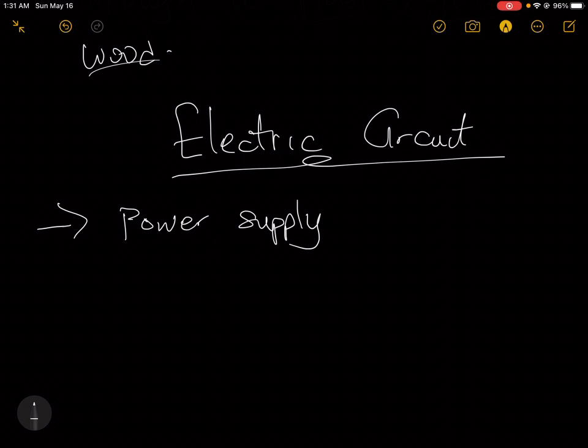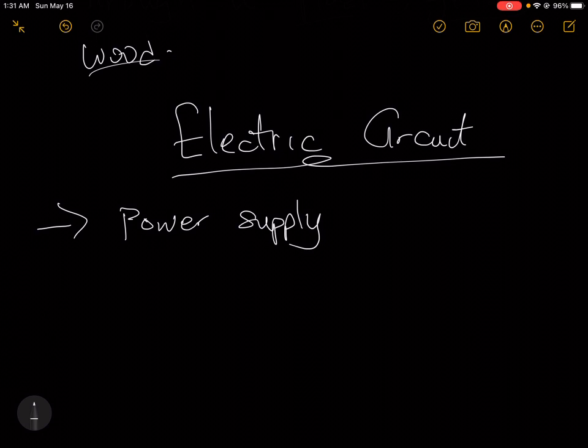We can have complex electric circuits. We can have extremely simple electric circuits. We can have less complex ones. It depends on whatever use you want to use your electric circuit for. You cannot compare the electric circuit of a bungalow, a very small house, to an electric circuit of four, five or six story buildings. It is definitely going to be different and more complex. So I'm just going to use a very simple one to explain electric circuits.